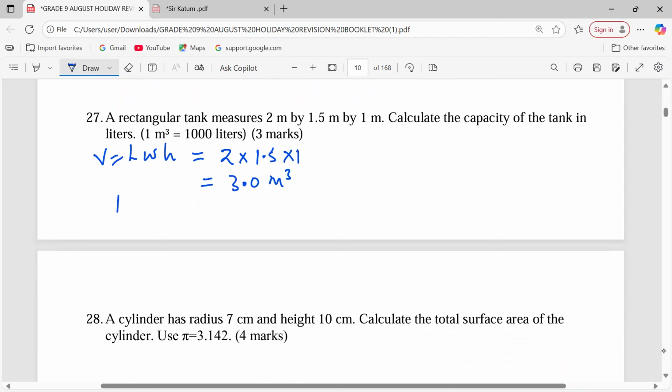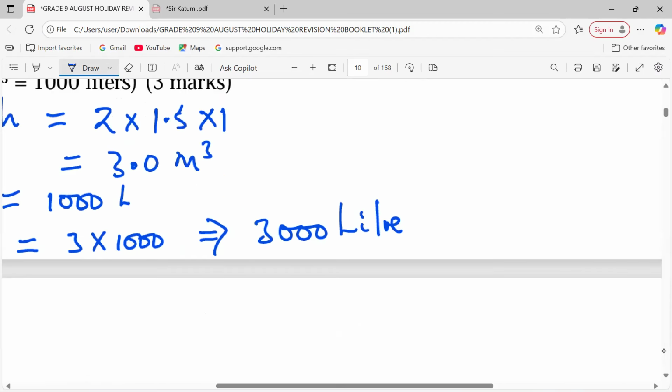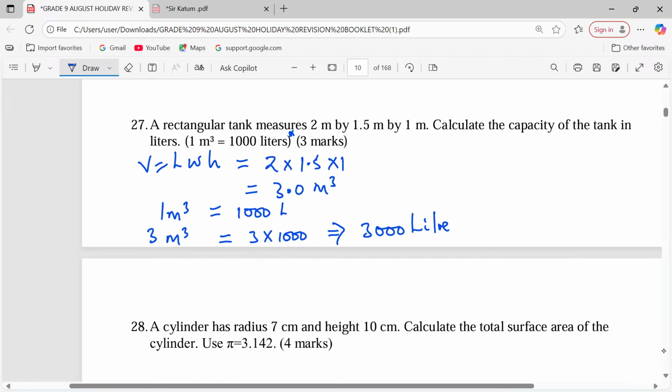Then 1 meter cubed is equivalent to 1,000 liters, and the relation has already been provided here. So what about 3 meters cubed? It shall be 3 times 1,000 out of 1, giving us 3,000 liters.